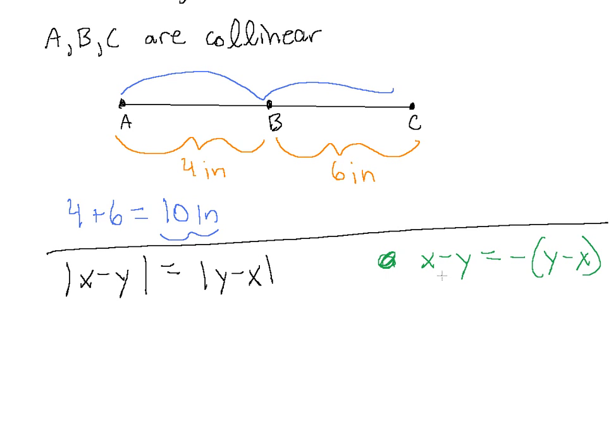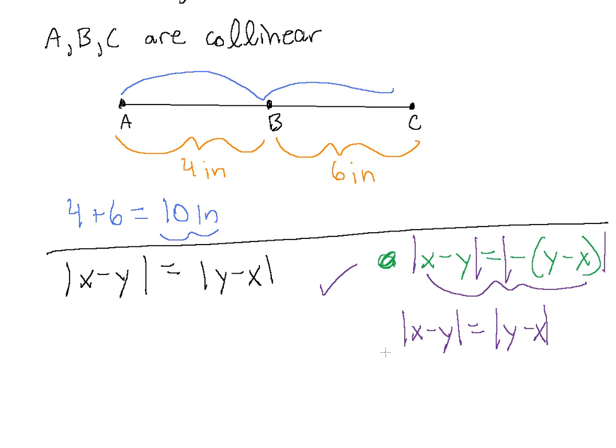So even though this is also true, if we put the absolute value bars around both of these expressions, we would get the absolute value of x minus y equals, well, the absolute value bars would kill this negative sign, so all we'd have is the absolute value of y minus x. That's actually what we have here, so we know that this is true. It's just a very quick proof using absolute value bars, and it proves what we learned in a previous example, that when we're talking about distance and we use absolute value bars, it doesn't matter which point we subtract from the other, it's still going to be the same.